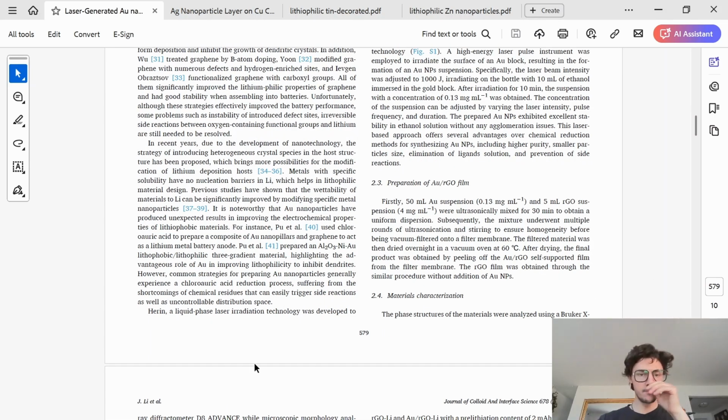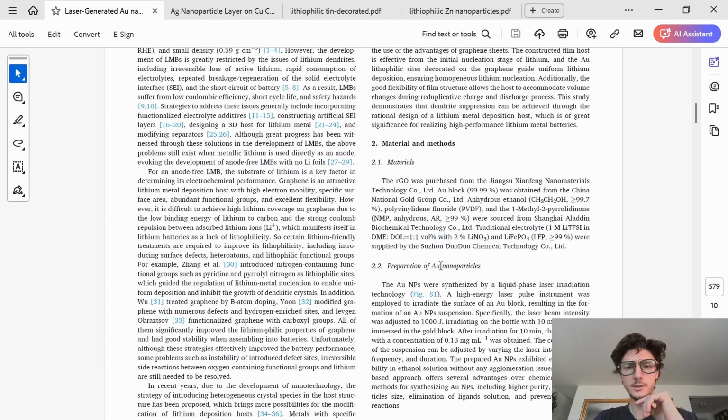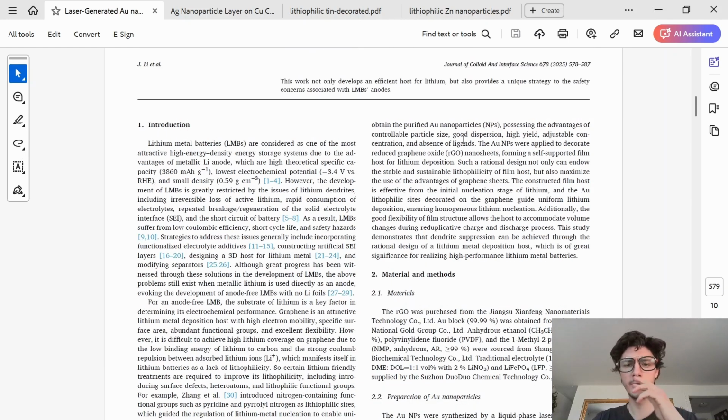It says, liquid laser irradiation technology was developed to obtain purified gold nanoparticles, possessing the advantage of controllable particle size, good dispersion, high yield, adjustable concentration, and absence of ligands, whatever. The gold nanoparticles were applied to decorate reduced graphene oxide nanosheets, forming a self-supported film host for lithium deposition.